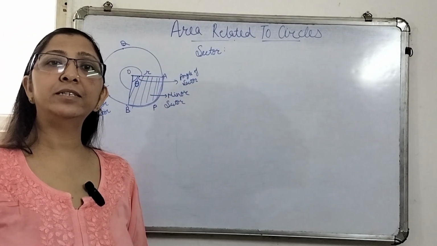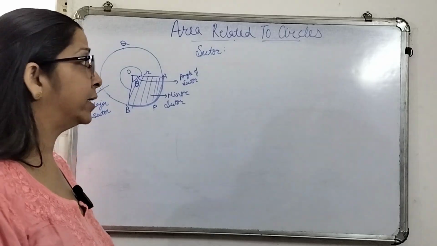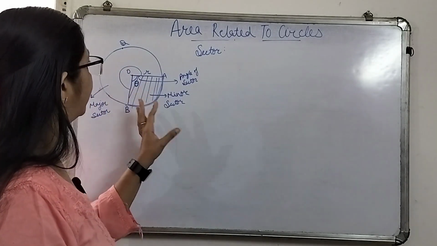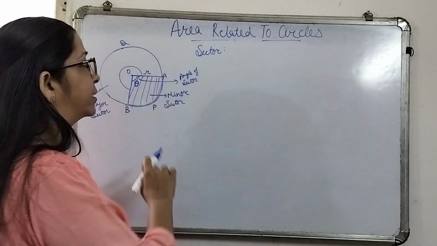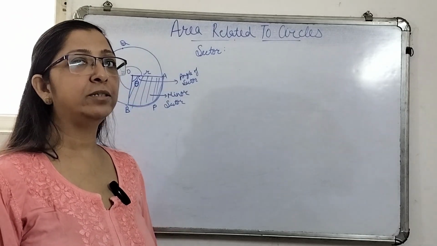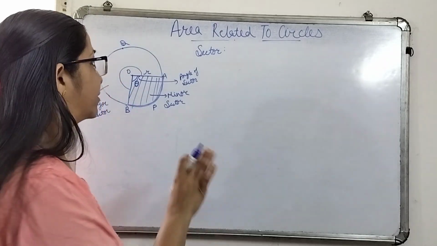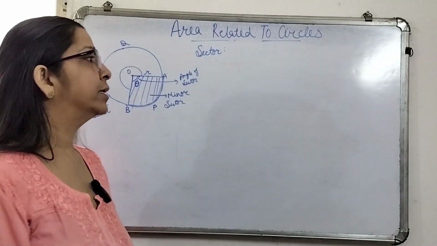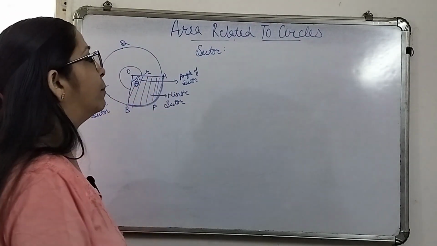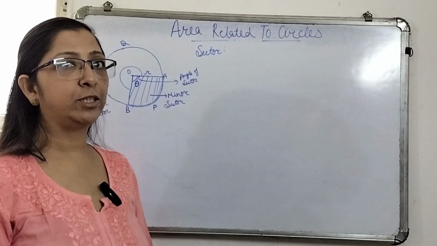Whenever we use the term sector or segment, by default we take it as the minor sector only. Whenever the major sector is asked, it will be specifically mentioned. But if it is simply said sector or segment, that means we are talking about the minor sector or minor segment only.